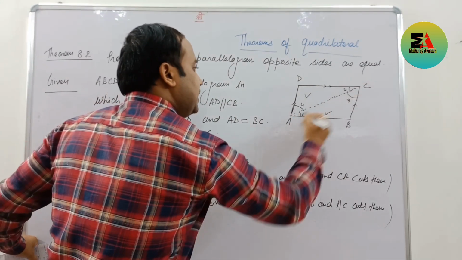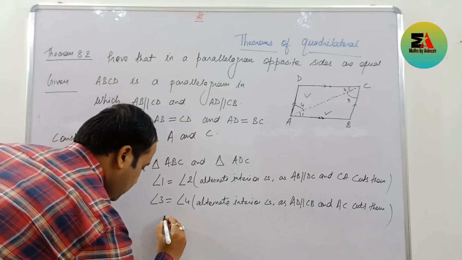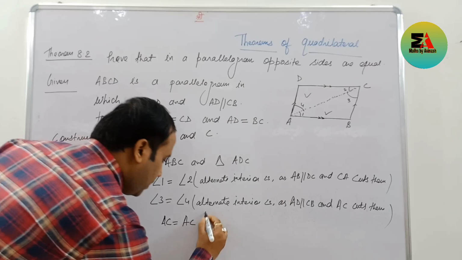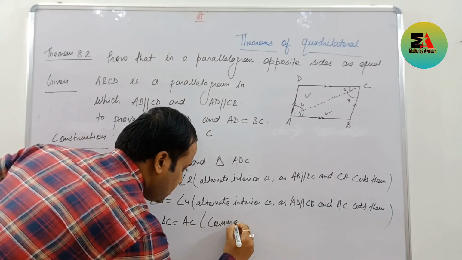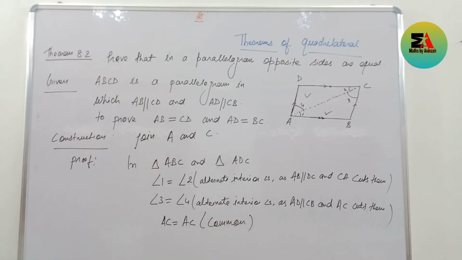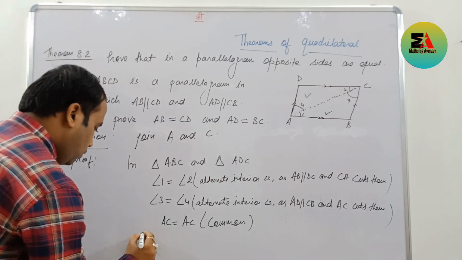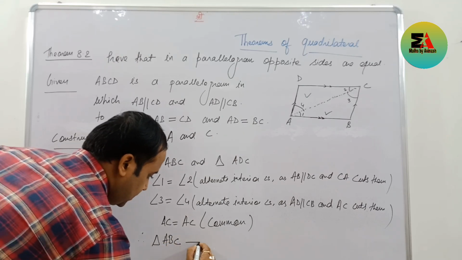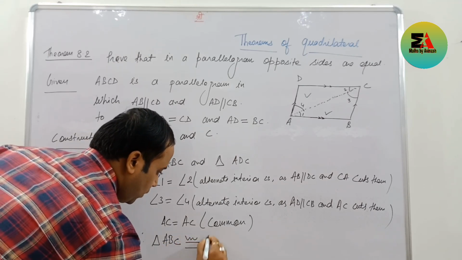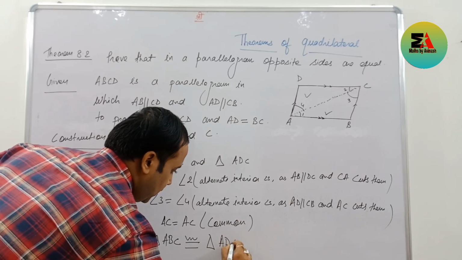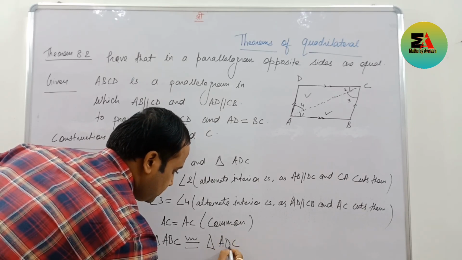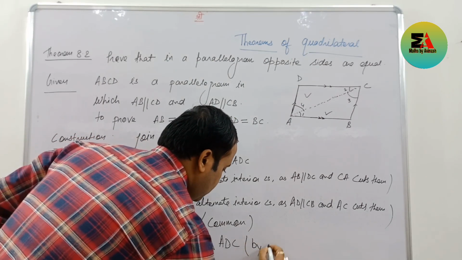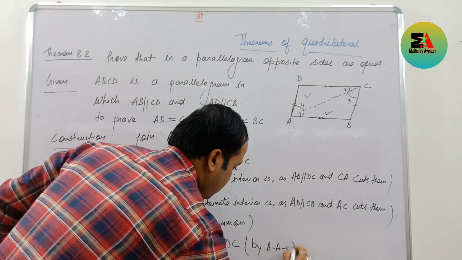And see, side AC equals AC, common. This side is common. Then what we said? Therefore, triangle ABC is congruent to triangle ADC by ASA congruency.